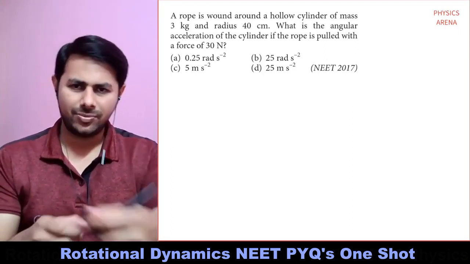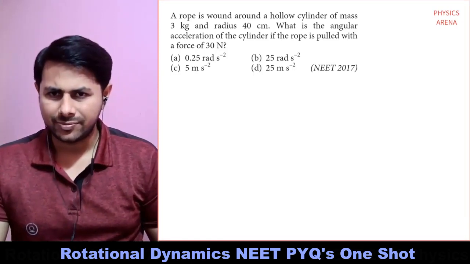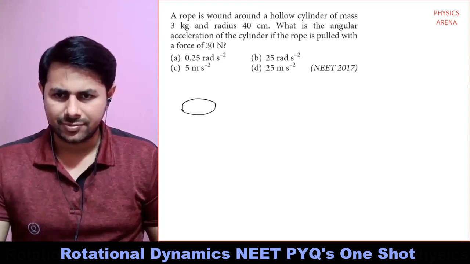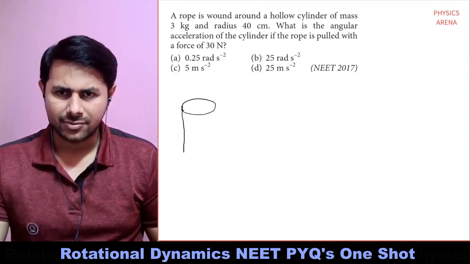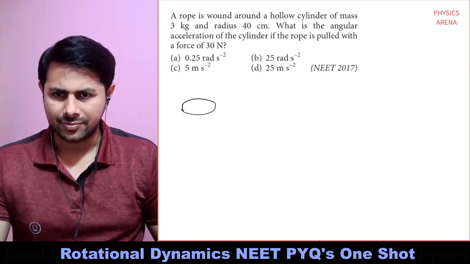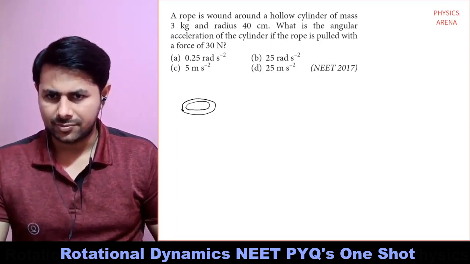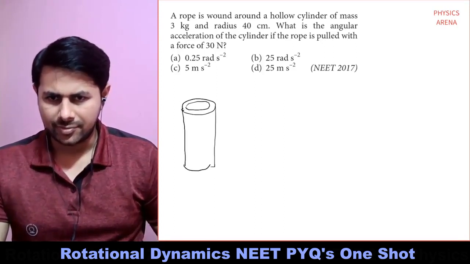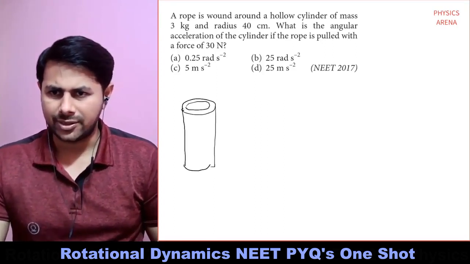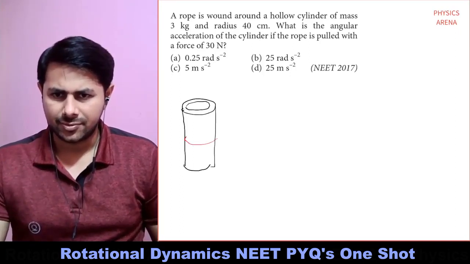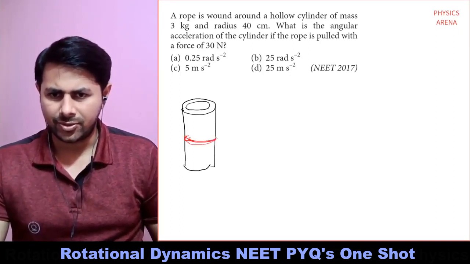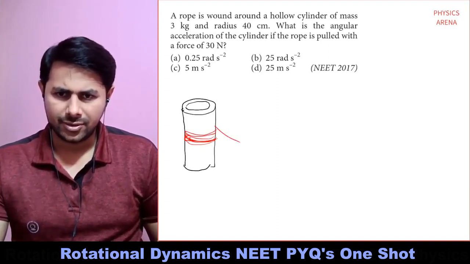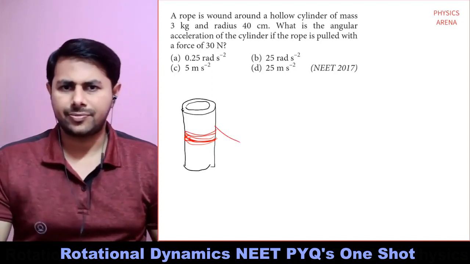See, you have a hollow cylinder like this, and a rope is wound around this hollow cylinder, like this, and you pull this rope.